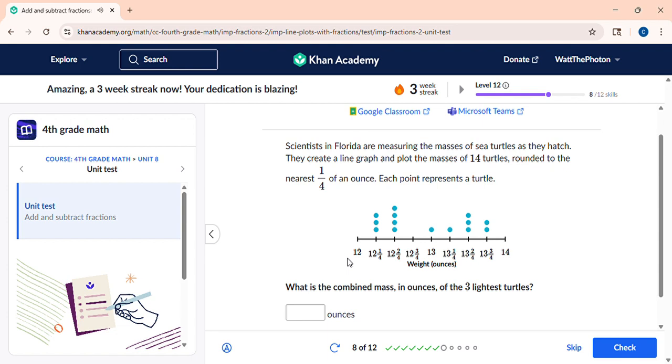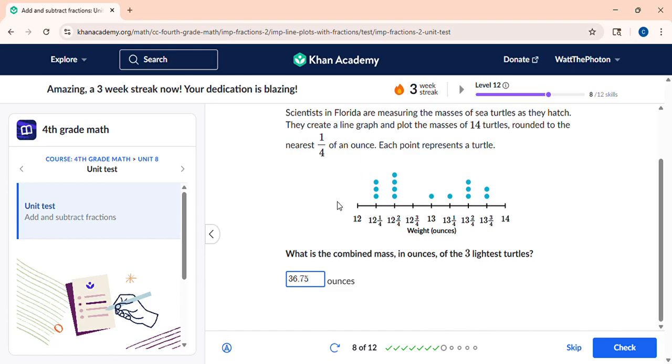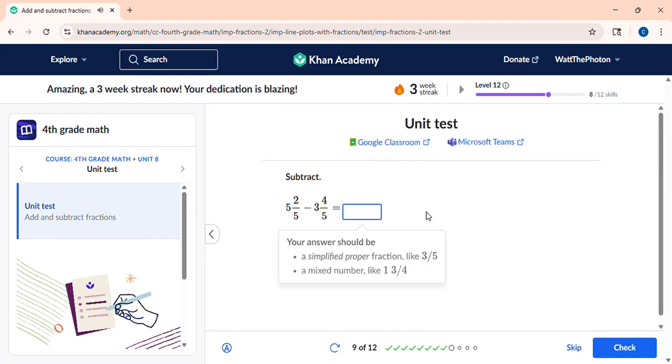The masses of sea turtles. What's the combined mass of the 3 lightest turtles? So, 3 lightest turtles. So 12.25 times 3. That's 36.75. I think that's accurate. Yeah. Subtract. So you have 2 fifths.